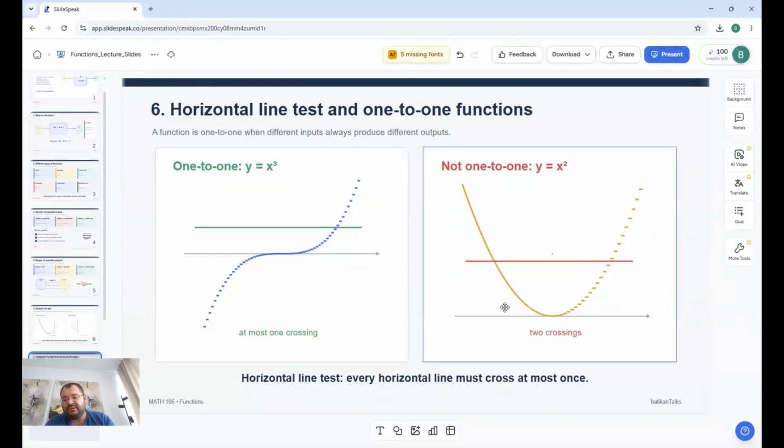So you have multiple x values which map to the same output, the same y value, which is 10 in this example. That is why it is not one-to-one, because you have multiple x values which map to the same output.